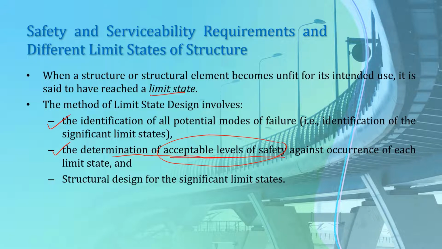So it is the work of our building codes to define these acceptable levels of safety for each limit state. And after determining the acceptable level, the final step is the structural design for the significant limit states. So these three are the major steps involved in design through the limit state process.